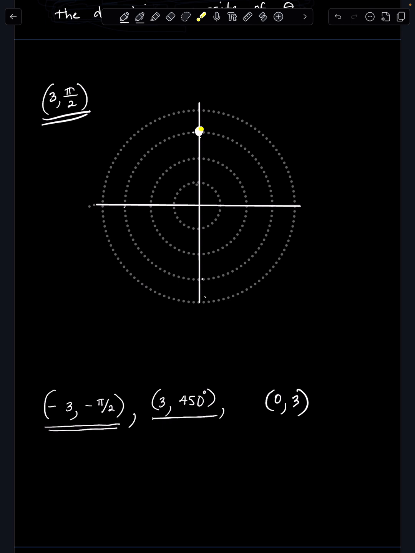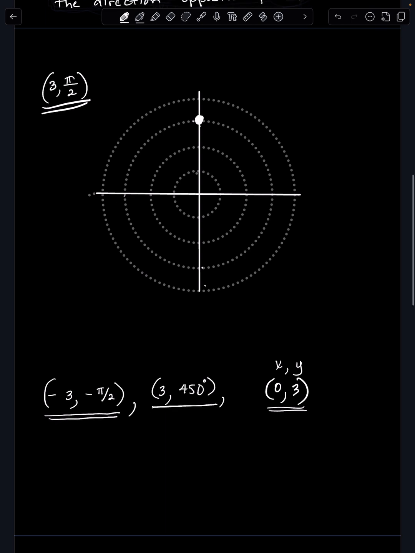So that coordinate represents the same point as well. And then I just threw in a rectangular coordinate where my x value is 0, my y value is 3, so I don't go to the right or to the left, and I go up 3, and I'm at that same point again. So I wanted you to see these four coordinates that actually give you the same point.